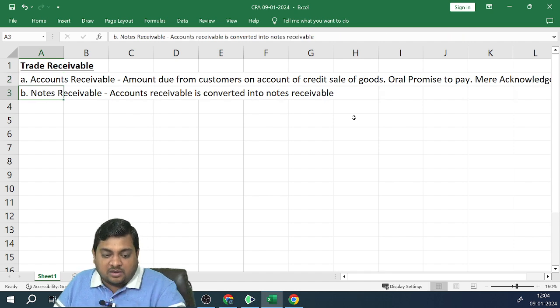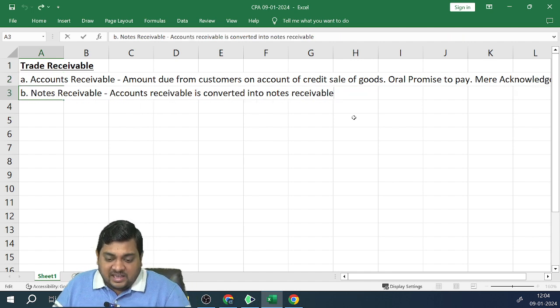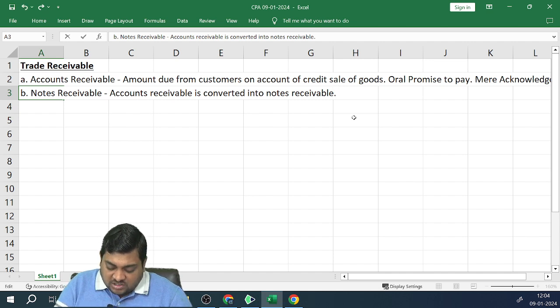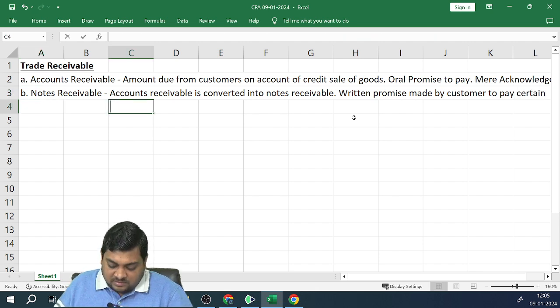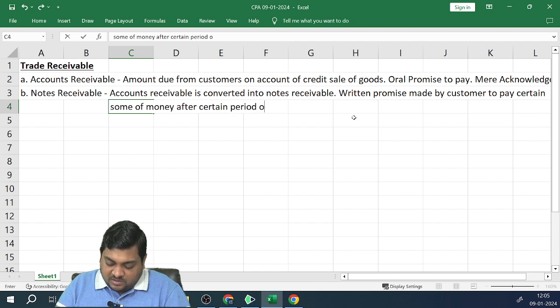This is mere acknowledgement of debt, whereas in case of notes receivable, this is a written promise made by the customer to pay a certain sum of money after a certain period of time, right?